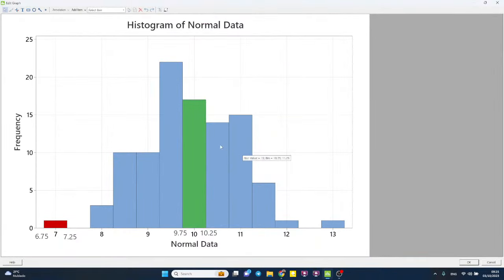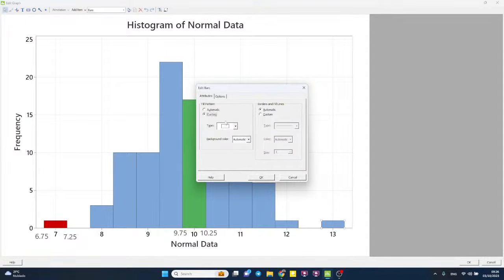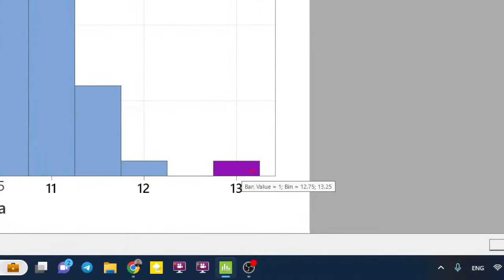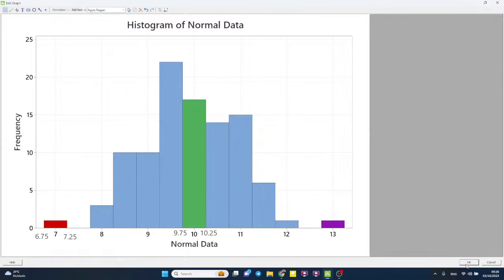And if I keep doing this very same exercise with this last one here, let's put purple, I should see only one data point from 12.75 to 13.25.